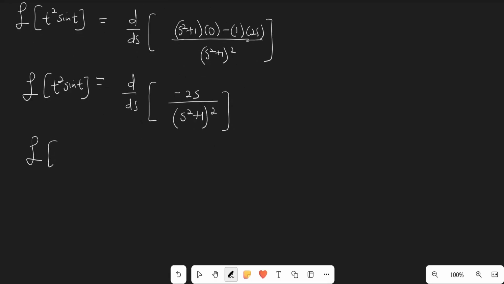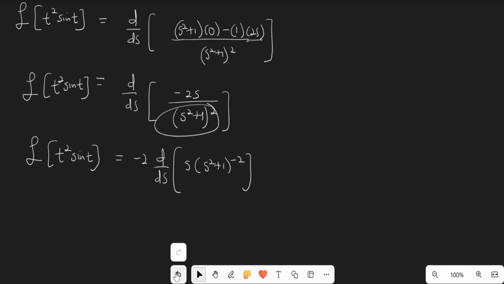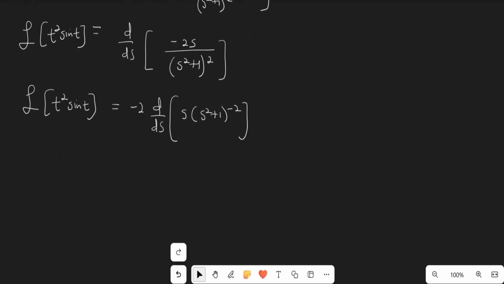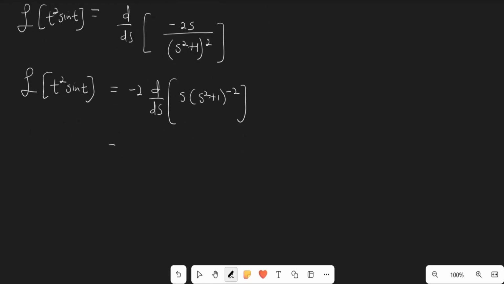The Laplace transform of t squared multiplied by sine of t is equal to, let's differentiate again. This negative 2 is a constant, so I'm going to bring it out, and then we differentiate this. That is s multiplied by s squared plus 1 raised to the power negative 2. We can apply the product rule here instead of the quotient rule, with negative 2 all the way in front.